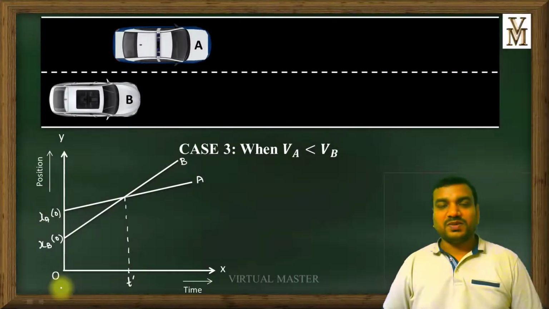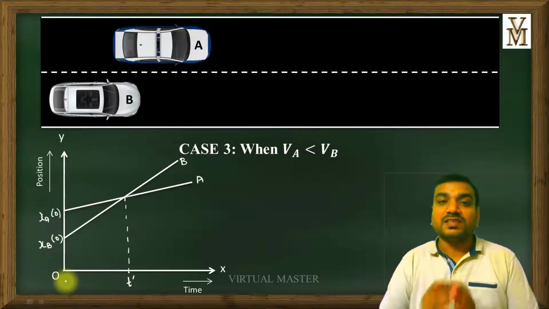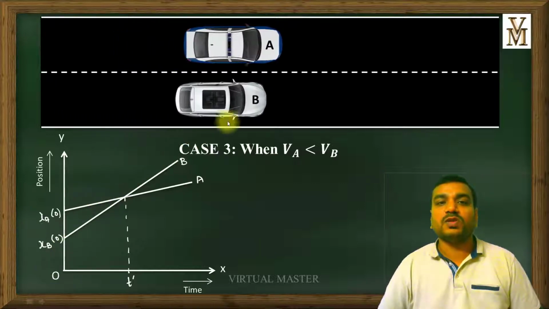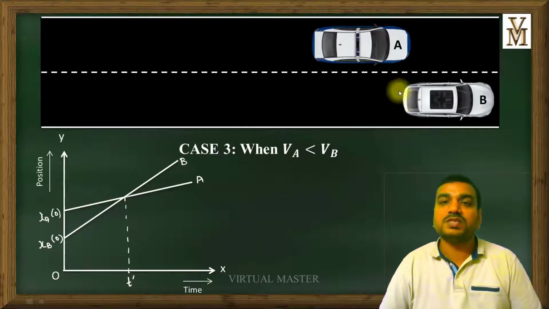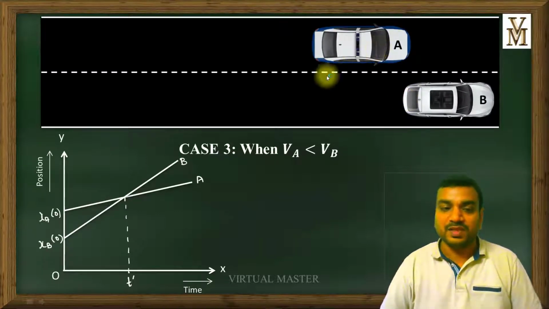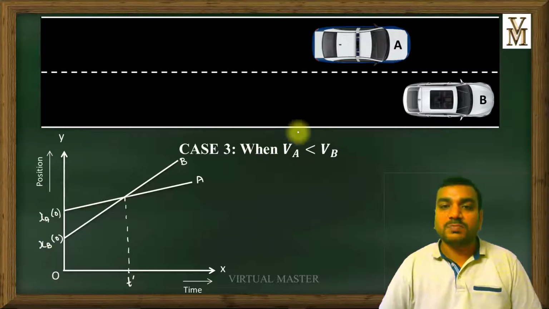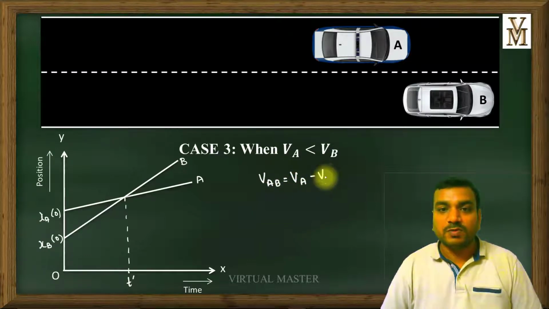Now let us draw the position time graph in the third case, when the velocity of car B is more than the velocity of car A and car A is starting early. If the velocity of car B is more than car A, then naturally car B is going to overtake car A. And if you find the relative velocity of car A with respect to car B, that is VAB, it will be equal to VA minus VB, and it will be negative.